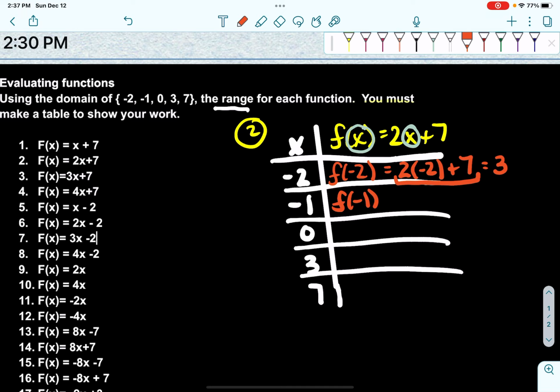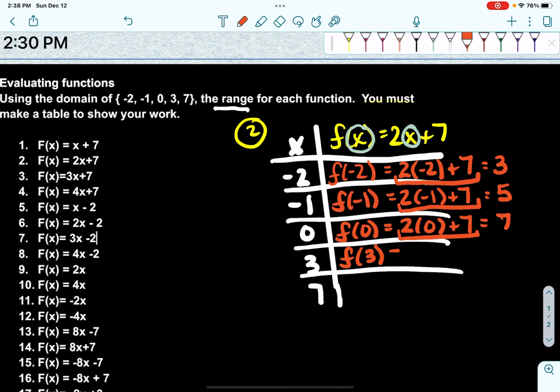Next one is -1. So this part right here would end up being 5 if I put it in my calculator. Then I'm going to plug in 0. If I plug that in my calculator, I get 7.